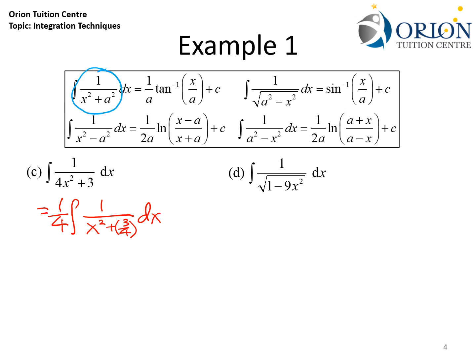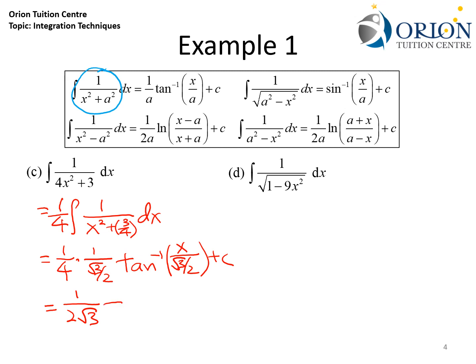Therefore we can integrate this very easily to get 1/4 times 1 over a, which is square root of 3 over 2, tangent inverse x over square root 3 over 2 plus c, which we can then simplify into 1 over 2 square root 3 tangent inverse 2x over square root 3 plus c.